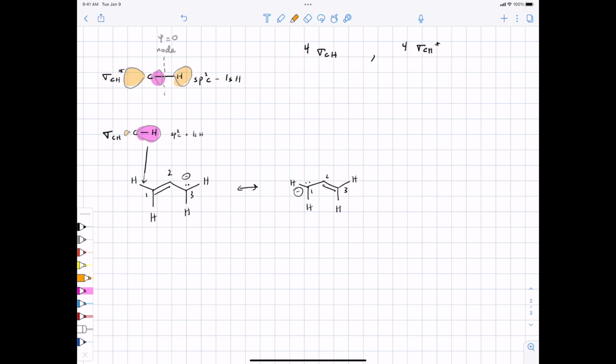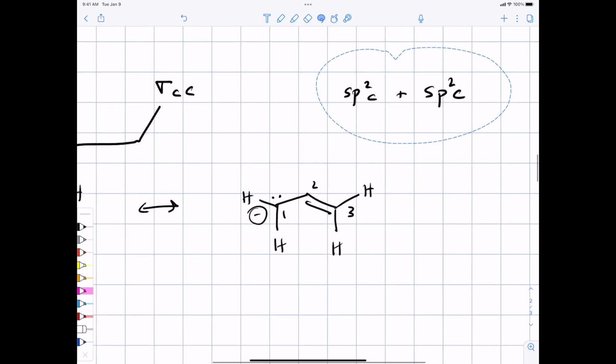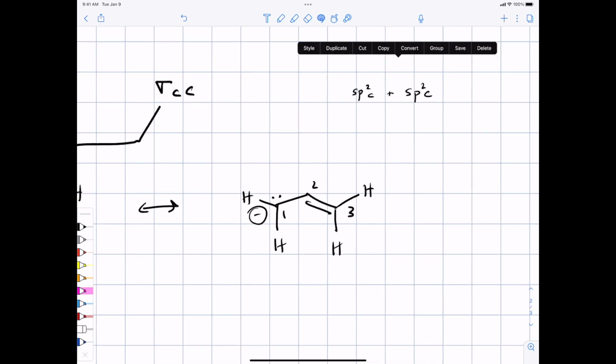A carbon-carbon sigma bond, which I'm going to draw here, comes from overlap of 2 sp2 orbitals, one on one carbon, one on the other. And it looks much like you would expect for this situation.